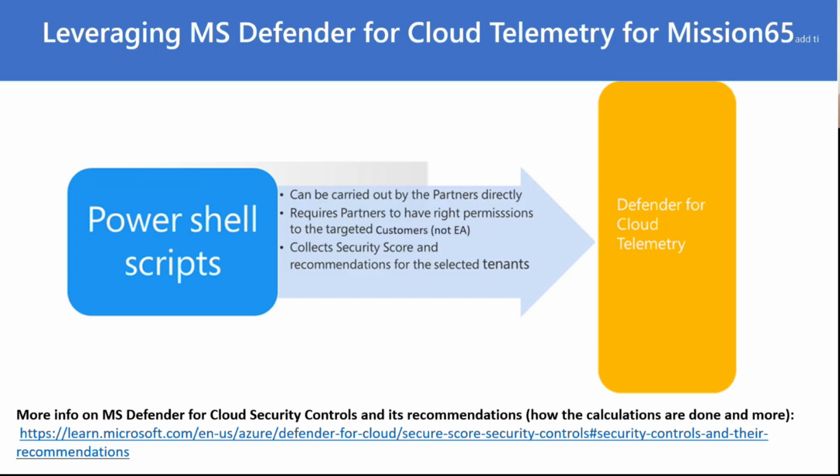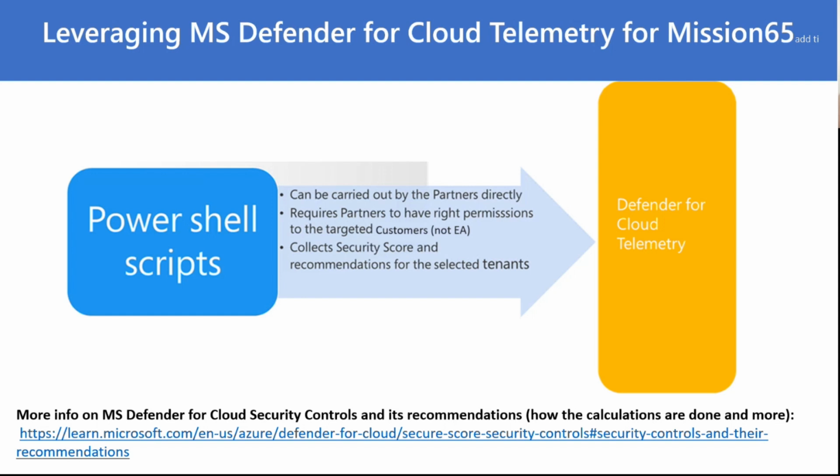This said, the way we are going to do this is by giving you access to a PowerShell script, which is going to be executed by you as a partner, as a CSP partner. Then this script is going to get the Defender for Cloud telemetry available through the Defender for Cloud Foundational, get the security score, all the recommendations and the grades, and this is going to be saved in a CSV file on your computer.